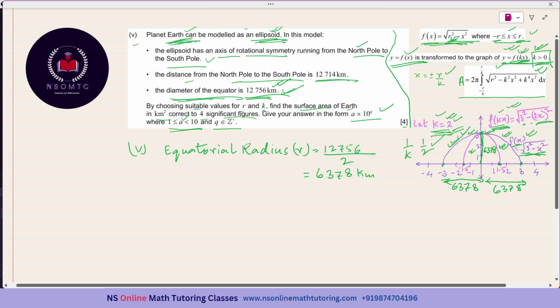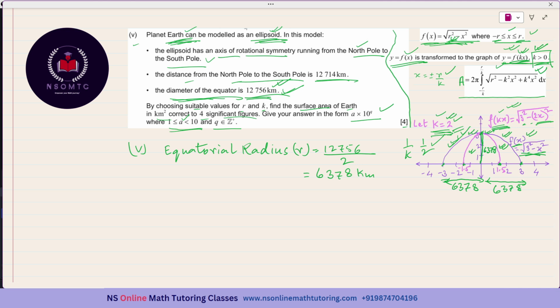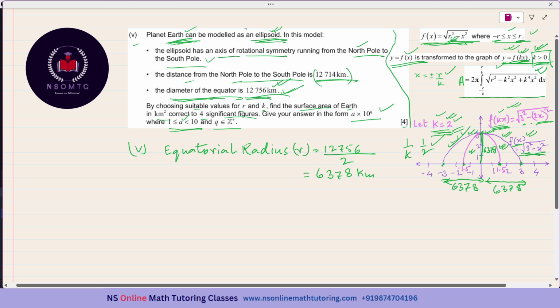Okay. Now, we are seeing the North Pole and the South Pole's distance is this, which is less than this one. So that means this can be taken as the North Pole and this can be taken as the South Pole because these are flattened.